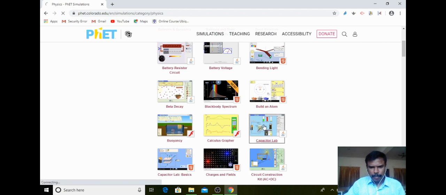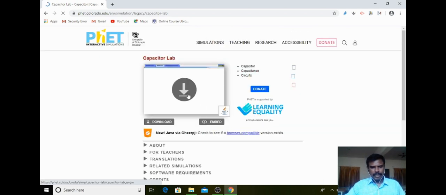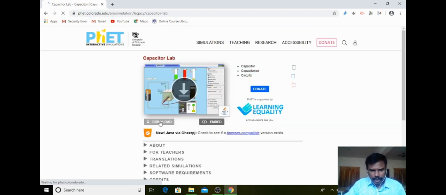If you click this capacitor lab, you can see the simulation. Either you can download it on your own, or you can run it in the browser itself while online, or you can embed this particular simulation in your website. Now I am going to download it.